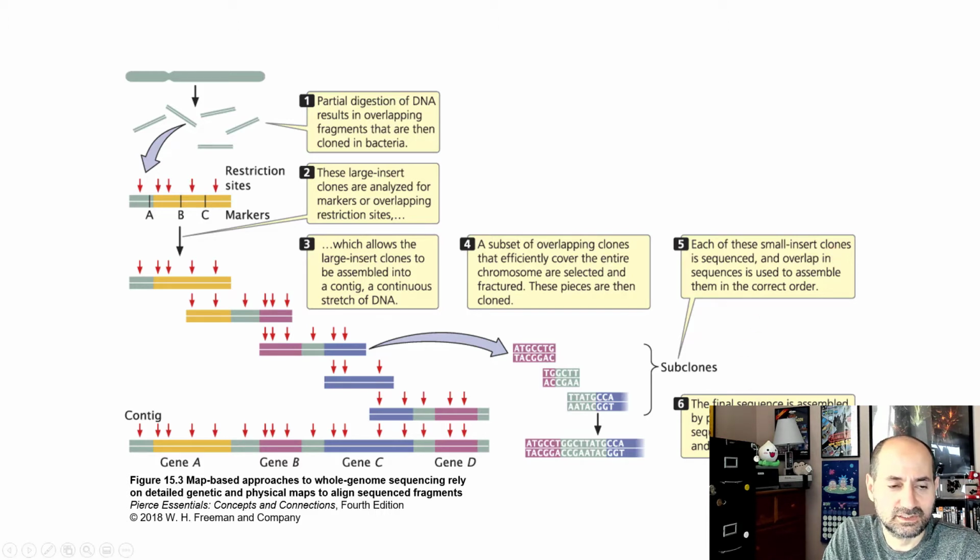That's a lot of work. You don't need to know exactly how this process works, obviously, but what I do expect you to know is that this was a lot of work to digest the DNA, find the contigs, insert the clones, and digest them again into small fragments and sequence. It just sounds like a lot of work, doesn't it? Because it was a lot of work.